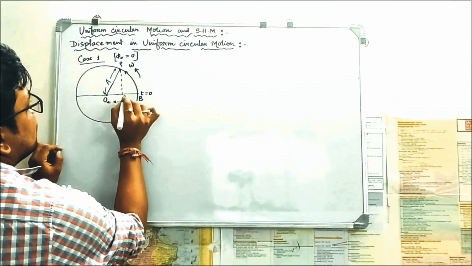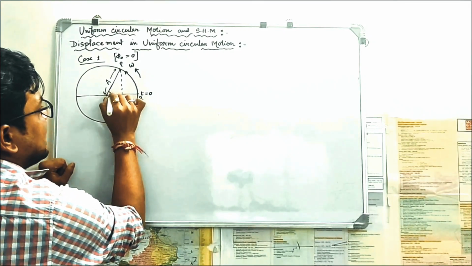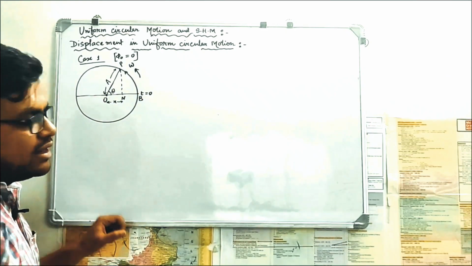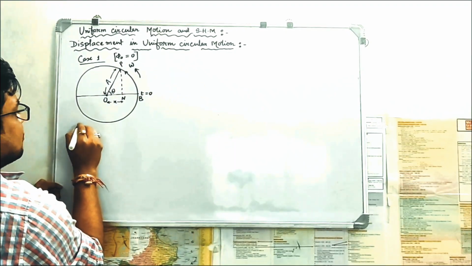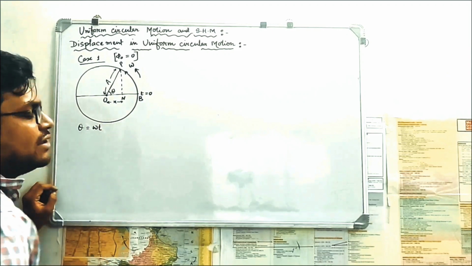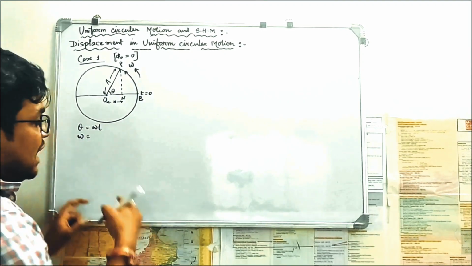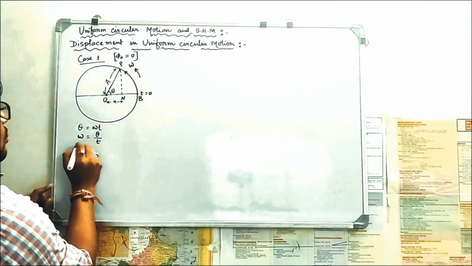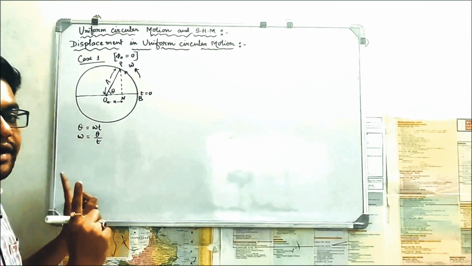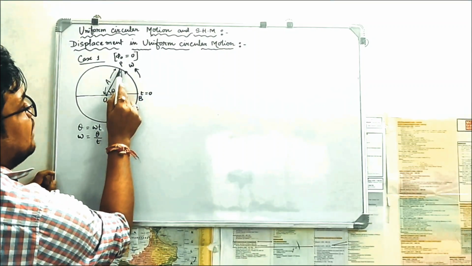First of all, for ON, let the angle be theta. In angular motion, theta equals omega t. Omega means angular velocity, which is angular displacement upon time, therefore theta equals omega t. Now I will take this triangle PON.